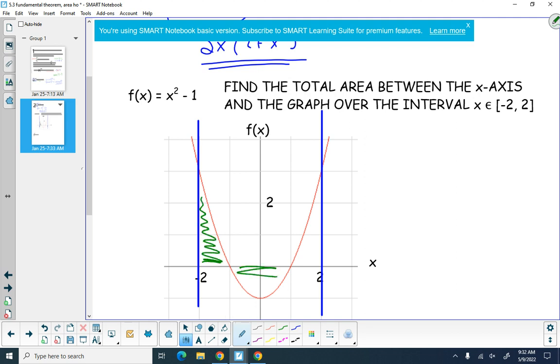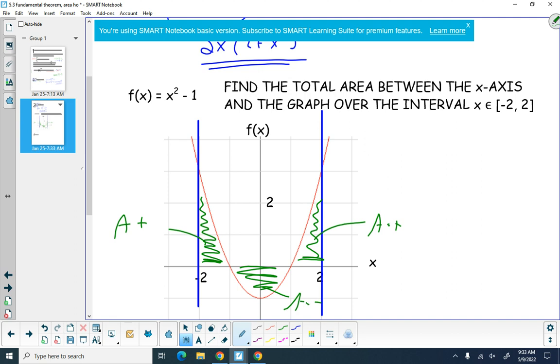So we have this area, and this area here. And as we talked about last week, this area here is positive, this area here is positive, this area down here is negative.